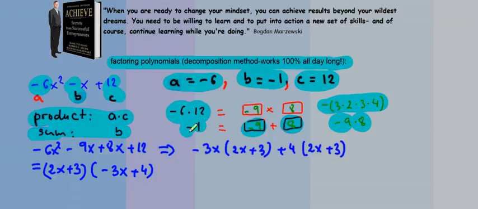Since our sum is negative 1, so negative 9 and 8 was the only possible group of two factors that could be obtained from the product of negative 6 and 12.